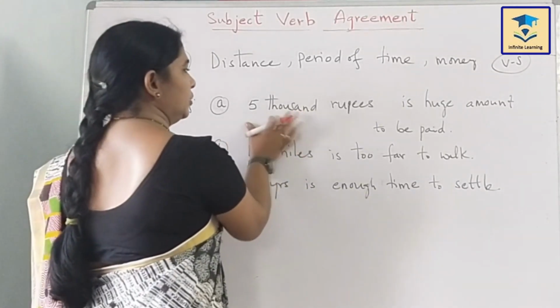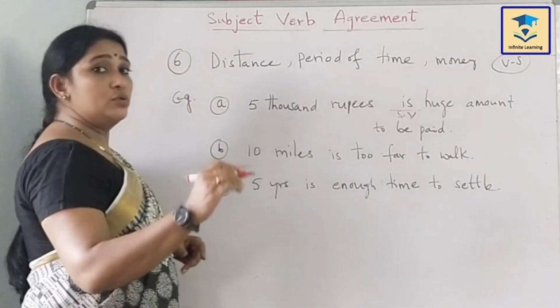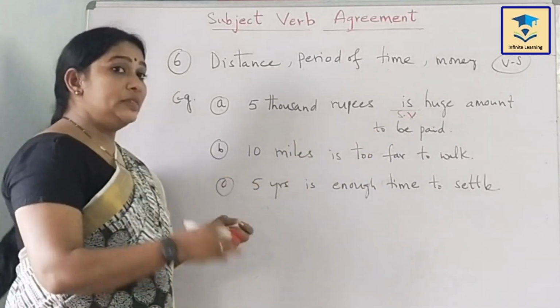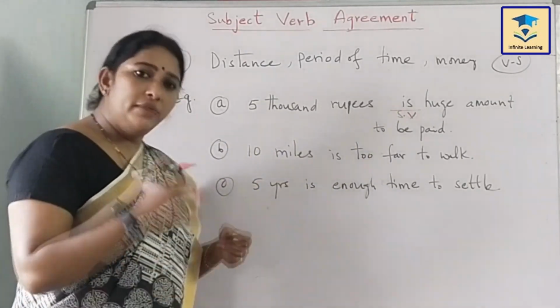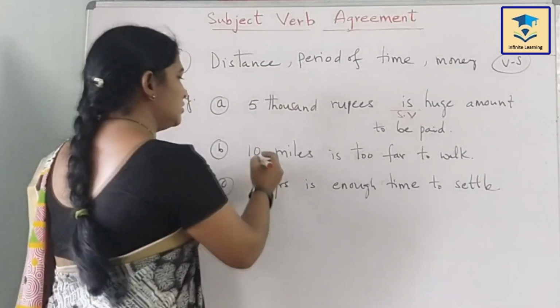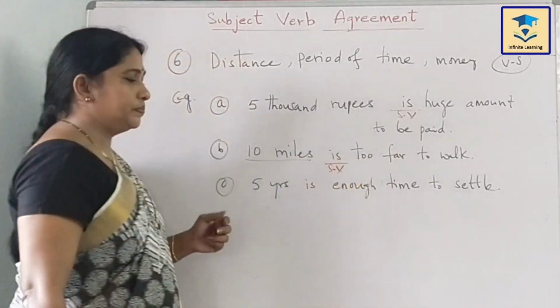Okay, a single unit. So we get singular verb. 10 miles is too far to walk. The distance 10 miles, even though the number 10 is given here, comes as a single unit, so we get singular verb.